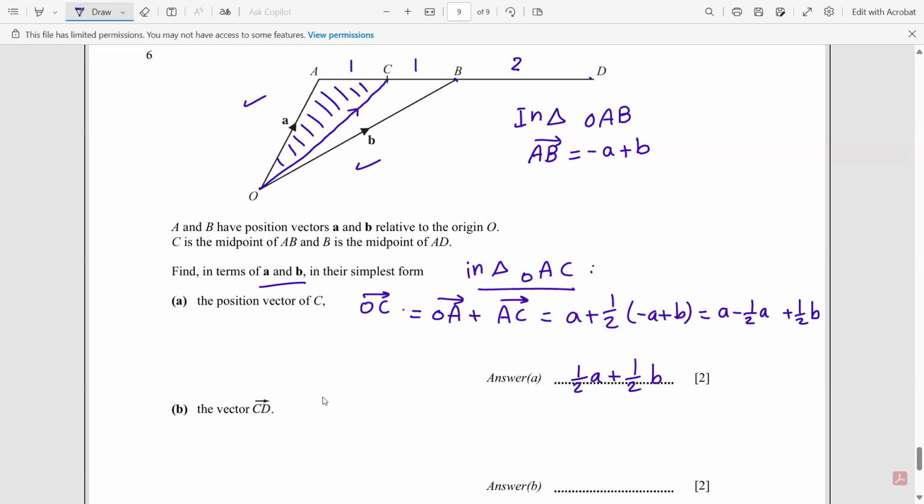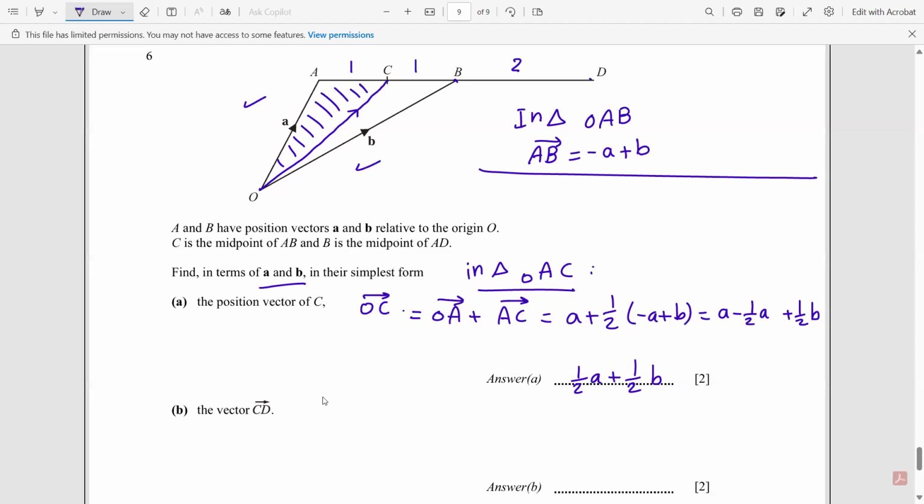The vector CD, yes. If you look at vector CD, this vector CD really is 3 parts out of 2 parts of the vector AB. I use this ratio now, or this equation, because the vector AB, I have it already. The vector AB is simply, I did it before, negative A plus B. I just write it on this side.